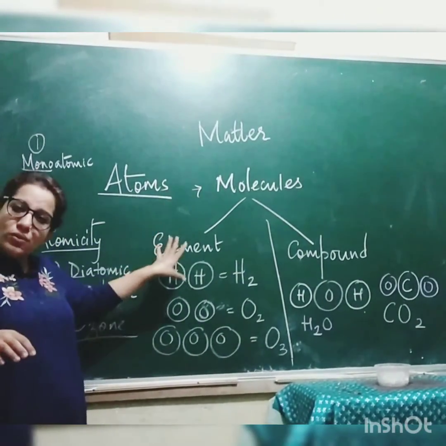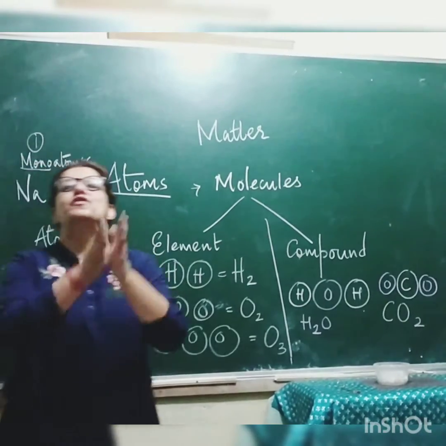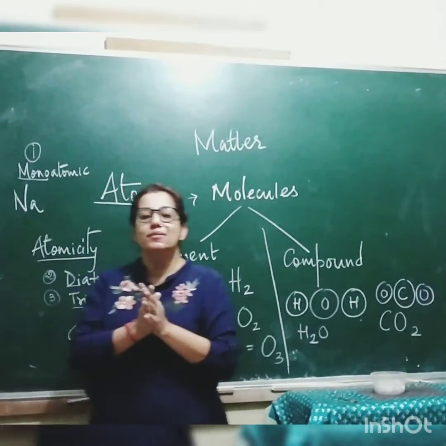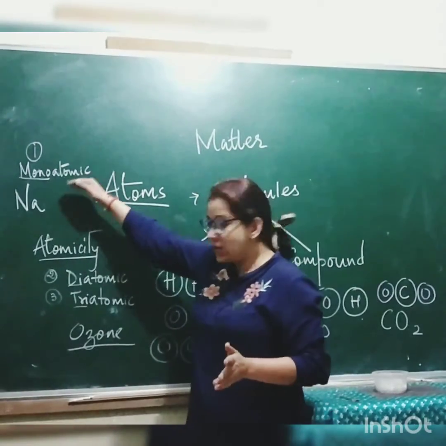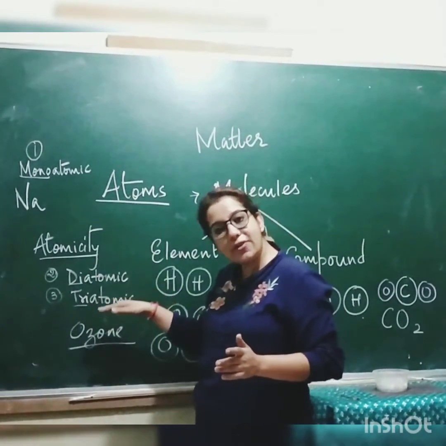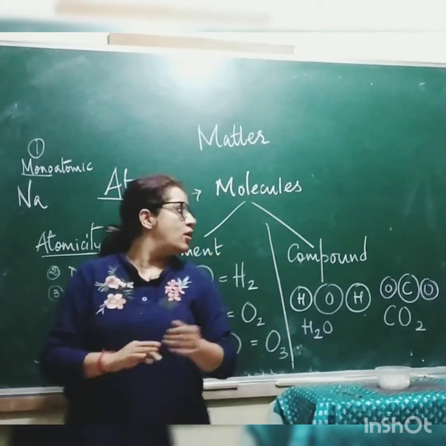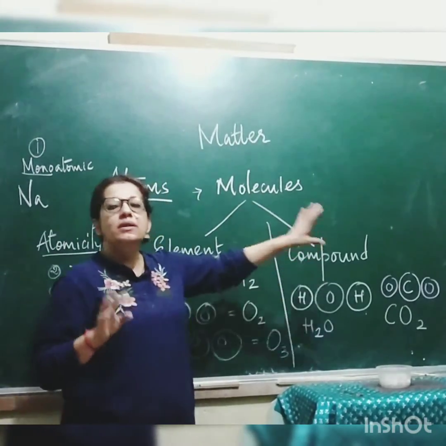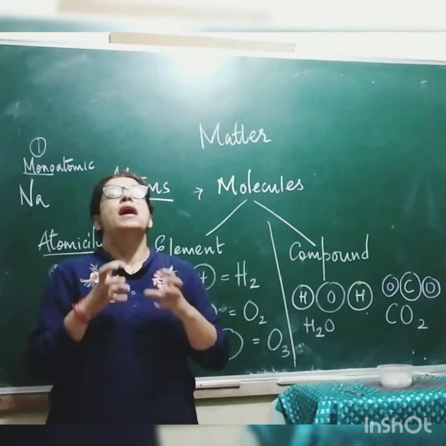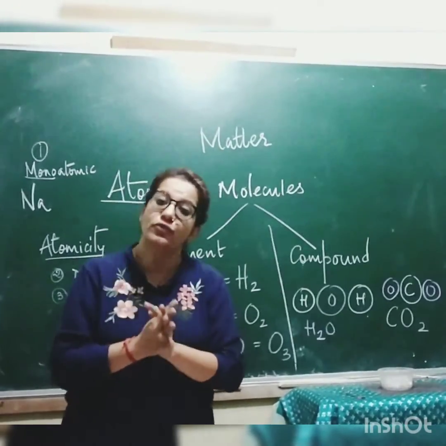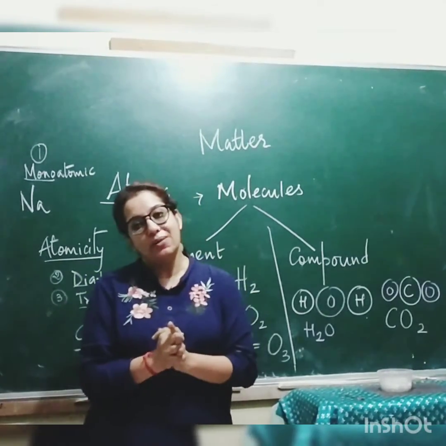So molecules of an element are composed of only 1 type of atom. Depending on the number of atoms, they may be monoatomic, diatomic, triatomic. This is known as atomicity. Molecules of a compound consist of atoms of different elements combining together to form a compound.